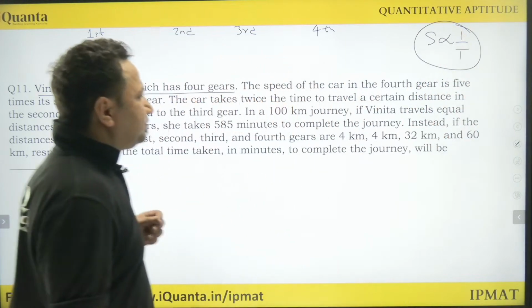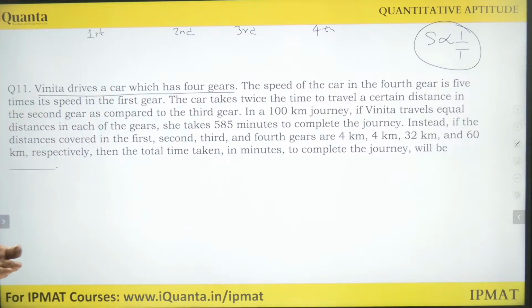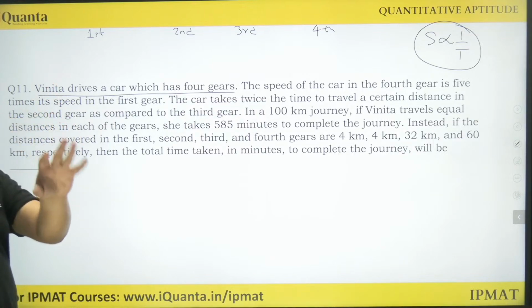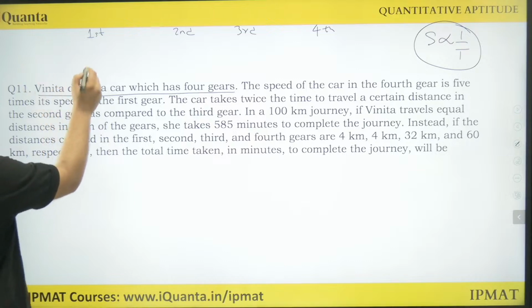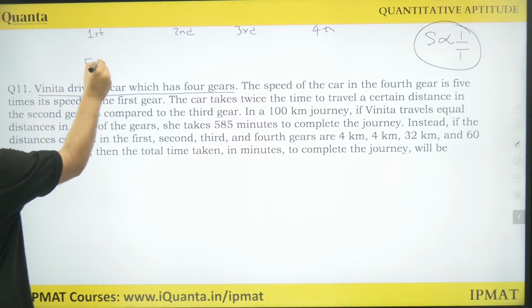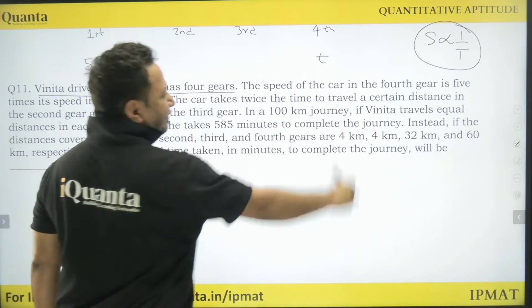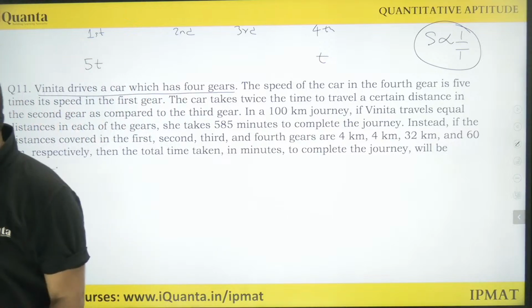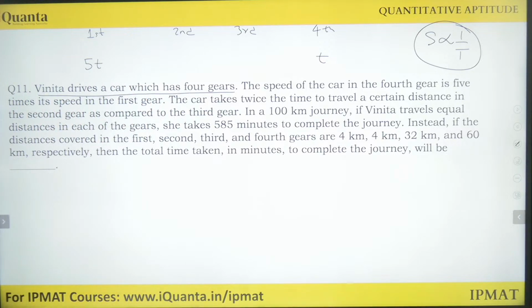So if 4th gear speed is 5 times that of 1st gear, that means time taken will be 1/5. So if in the 1st gear time taken is 5t, in 4th gear it will be t only. Am I clear? In the 4th gear speed is 5 times of 1st gear. That means time taken by the 1st gear is 5 times that of 4th gear. Cool?